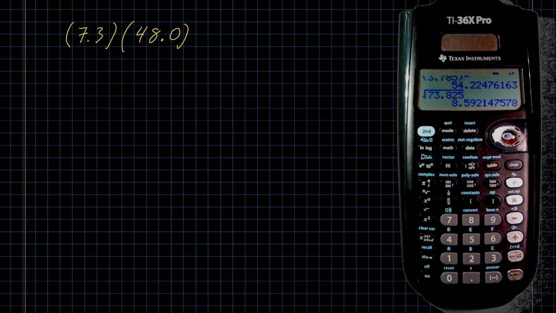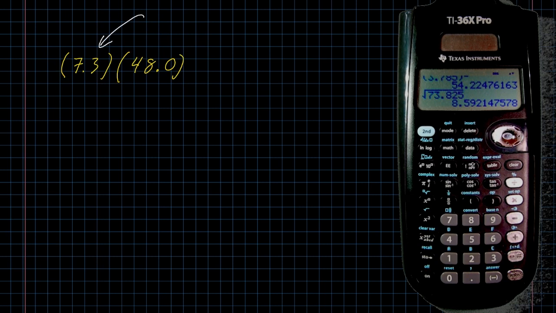Notice in this measurement, let me give myself a little bit more space to draw some arrows. The first value here, 7.3, has 2 significant figures. The second value, 48.0, has 3 significant figures. Between them, the worst case scenario is having 2 significant figures, so that's what we're going to use as our rounded result.